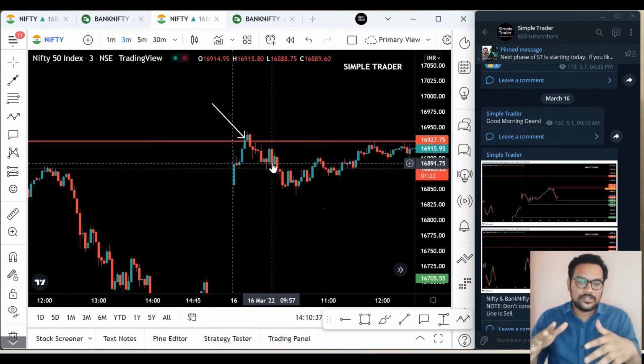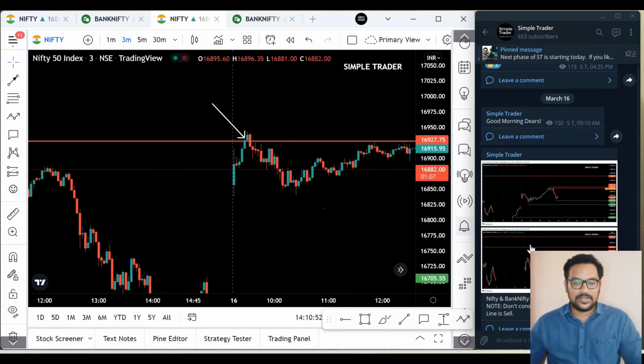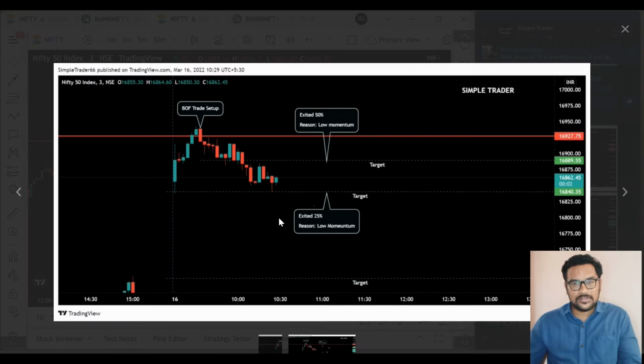It may or may not, that is different, but we have to look at the market structure and understand how things are working there. It did not act as a support, but I don't want to take more risk. So I exited some position at this point, and I expected the next target. Did that happen? Yes, it happened. Also I expected target 3 at 16,700, but that didn't happen.